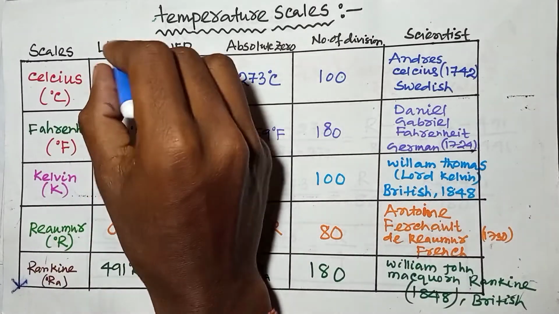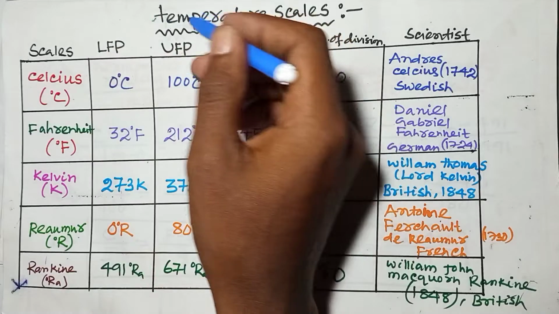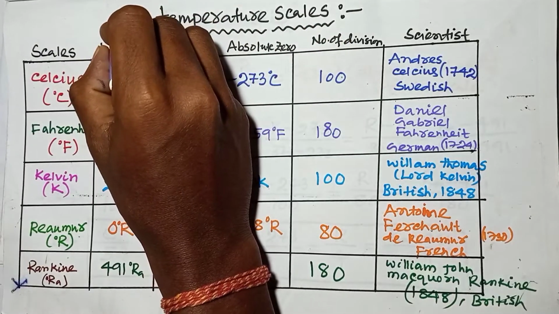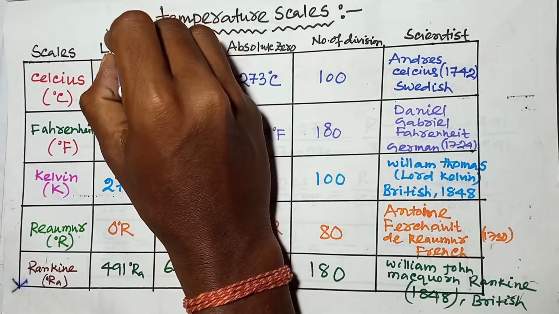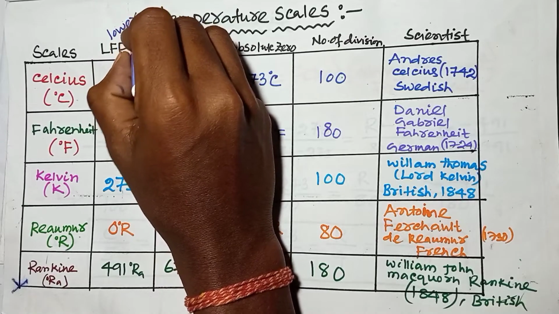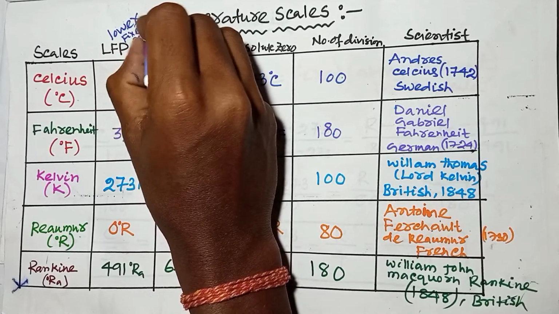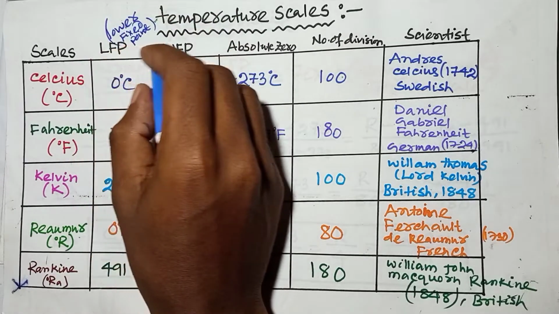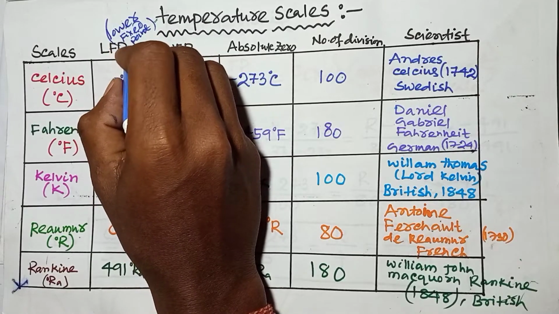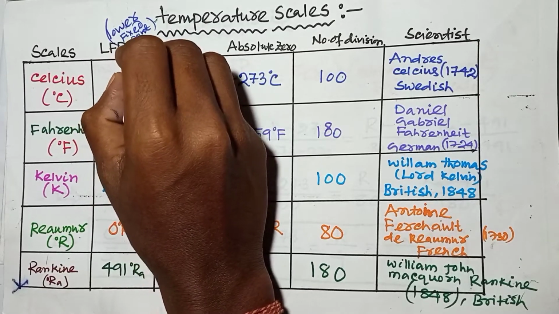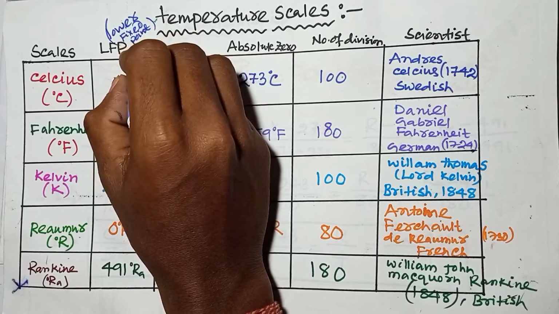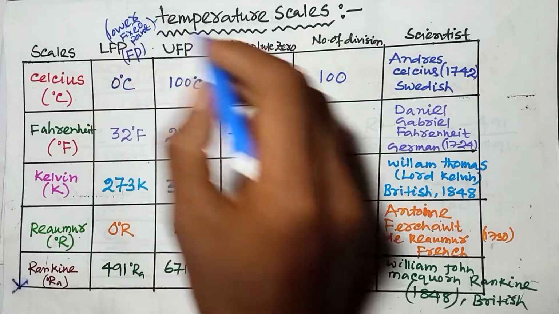Here we have the LFP, that means the lower fixed point. This is generally taken as the freezing point.